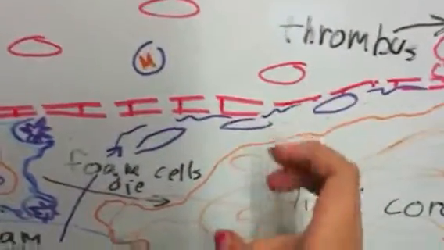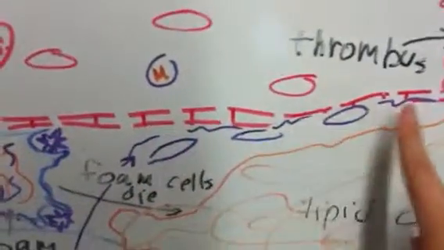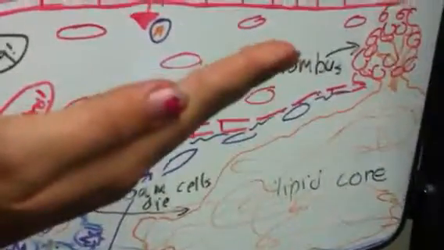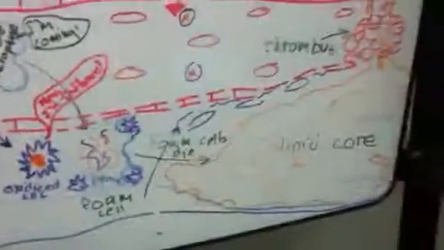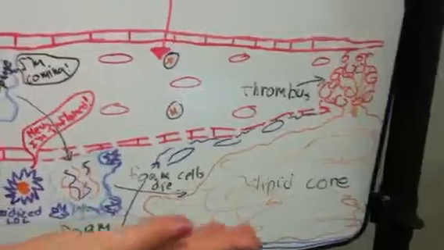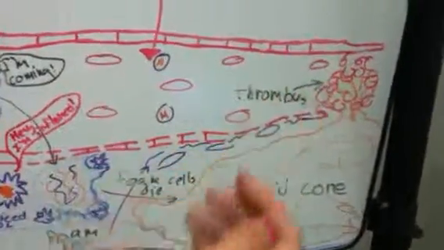It's called a fibrous cap on top of this damaged, or under this damaged endothelium. That's your body's attempt to try and heal this lesion. And then you have this giant lipid core. Your artery is going to expand outwards before it encroaches on the lumen. So as you can see by the picture, it expands outwards before expanding inwards.